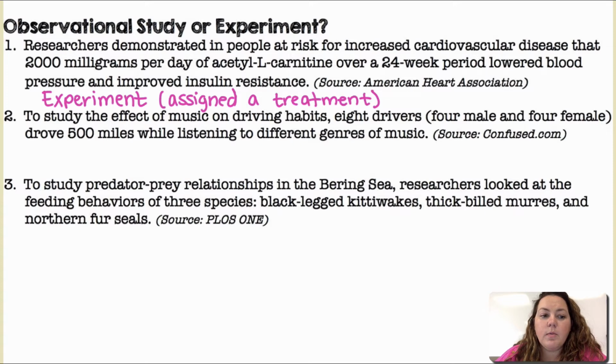Typically, when we're working with people, we really don't give a real placebo. We usually just keep them on their current medication if they need it because they're at risk of heart disease. You wouldn't want to take them off that and give them nothing. So they're assigned to a treatment, we're assuming, but it probably was just stay on your regular treatment or add this to it.